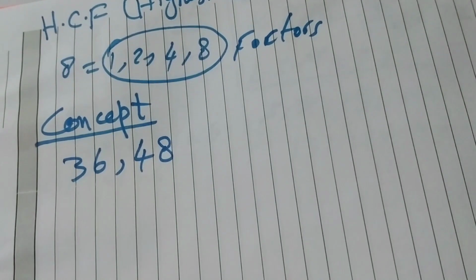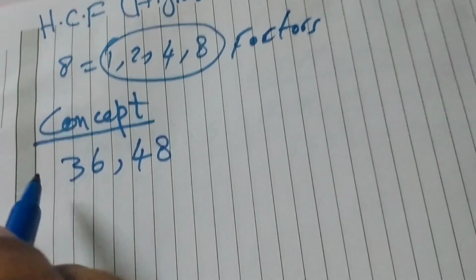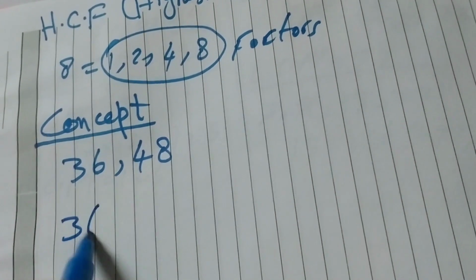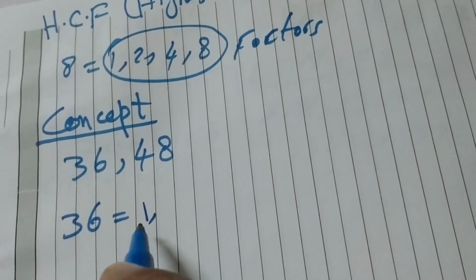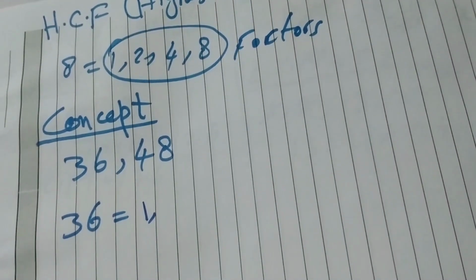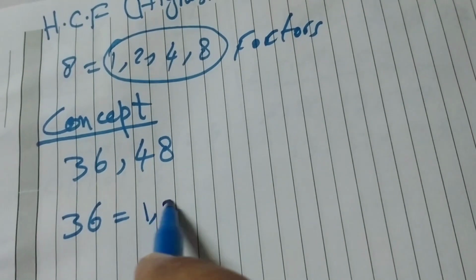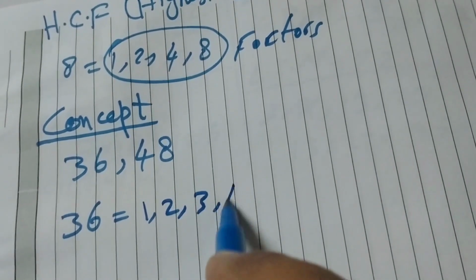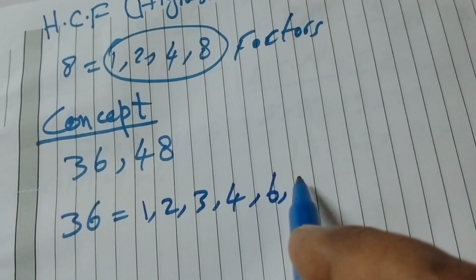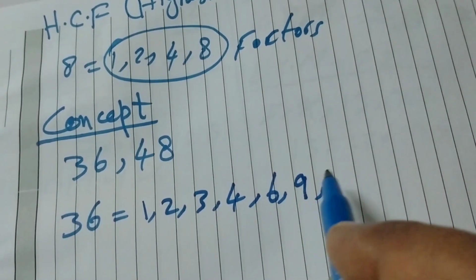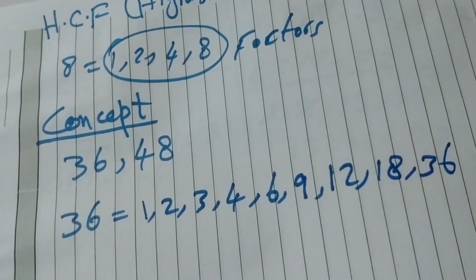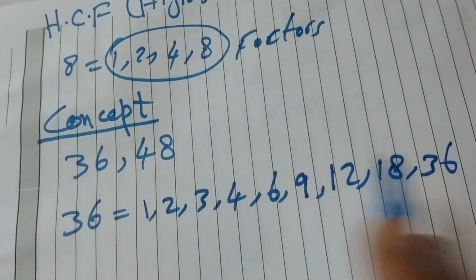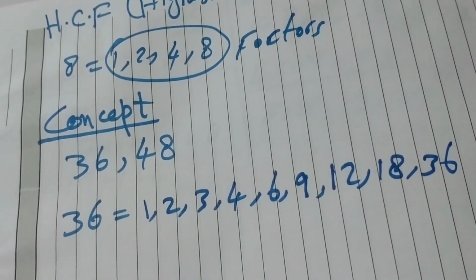First of all, my dear, we are going to write the factors of the numbers. We have 36. What are the factors of 36? 1 is a factor of 36. 1 is a factor of all numbers, and 2 is also, 3, 4, also 6, also 9, and also 12, 18, and up to 36. So these all divide 36.